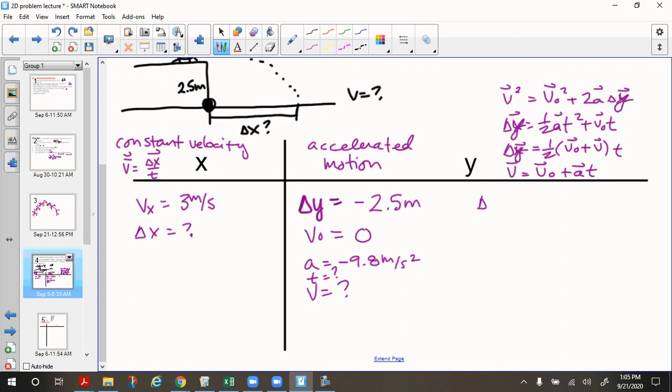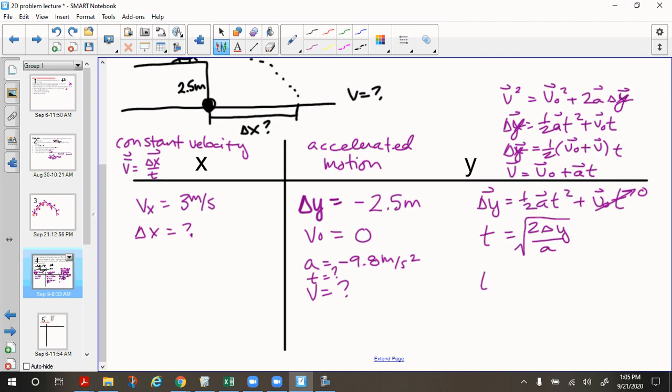I'm going to use delta y equals 1/2 at squared plus v initial times t. And my initial velocity is 0, so that goes away. And I'm solving for t. So I'm going to multiply by 2, divide by a, and square root. So I get t equals the square root of 2 times delta y divided by acceleration.